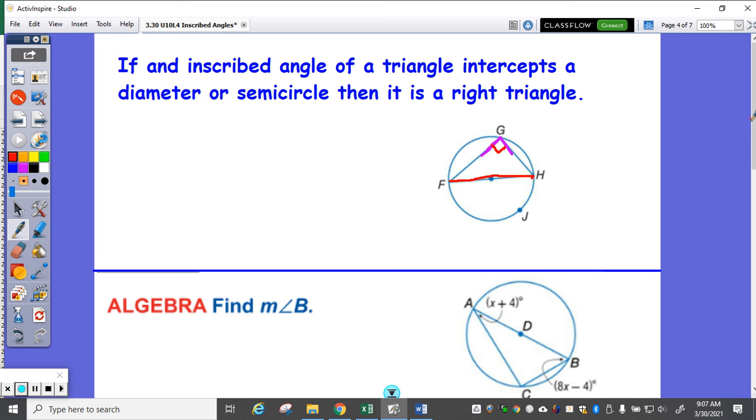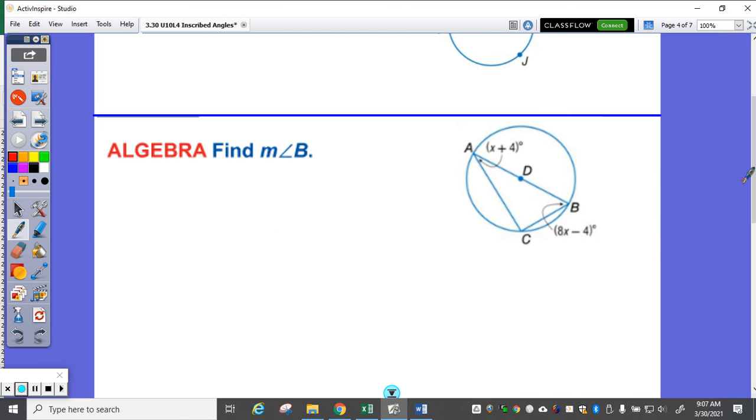Now, notice here, I have this angle right here that intercepts this diameter. How would I solve for x for this? We would add up all of these angles and set it equal to 180.